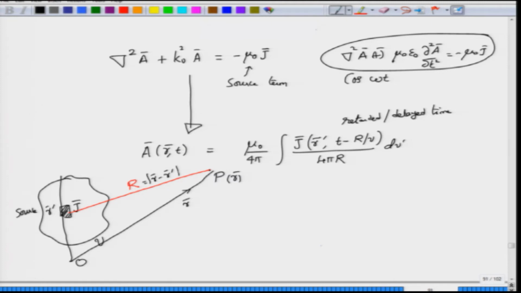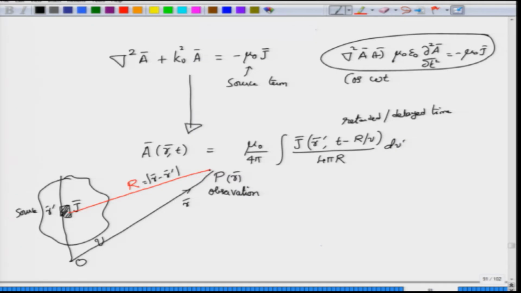Okay. And I am interested only in the magnitude of this, at least in the denominator side, and in the numerator where I am looking at this t minus r by v, I am interested in the magnitude of r, which of course is the vector distance between the source and the observation point, the point where we are observing the field.